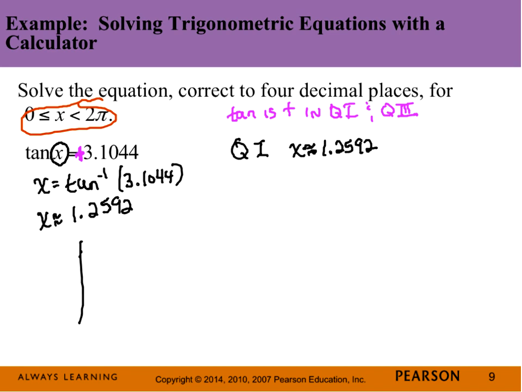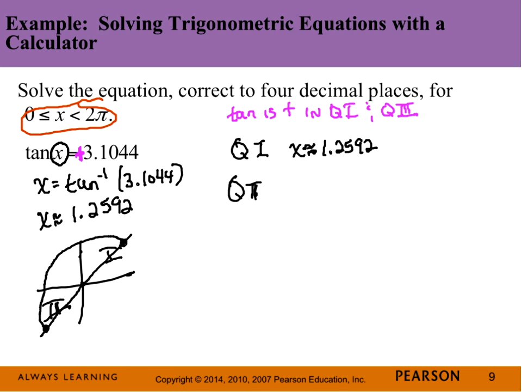To go from quadrant 1 to quadrant 3, so say I have a point here and I want to go over to there, I have to add pi, which is half the rotation through the circle.